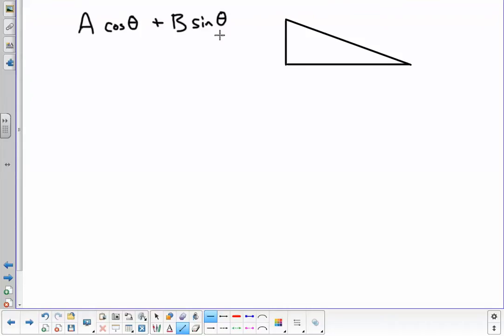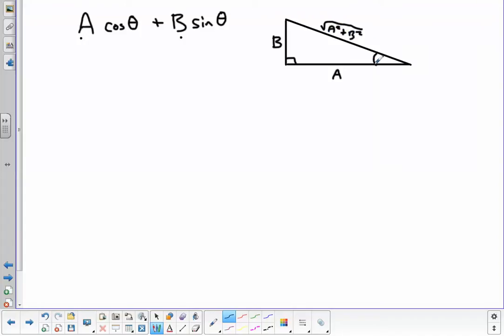Now here's the idea. We're going to draw a triangle whose legs are a and b. It's a right triangle. So let's build a right triangle whose sides are based on these two coefficients. Now the hypotenuse by the Pythagorean theorem would be the square root of a squared plus b squared.